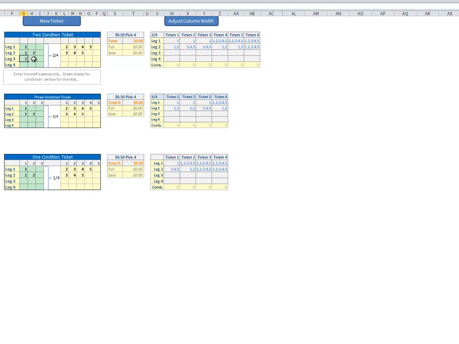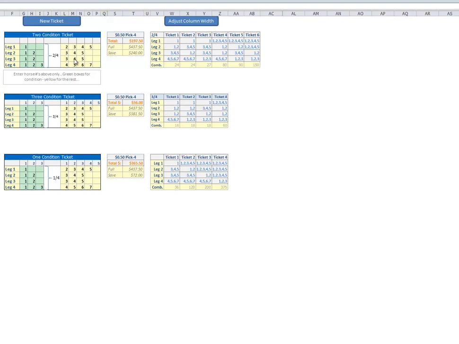I'll take the same for the third leg. I love the first 2 horses. I feel horses 3, 4, and 5 have a chance of winning the race. And in leg 4, let's say I like 3 horses equally, but feel that horses 4, 5, 6, and 7 have a chance at winning the race.